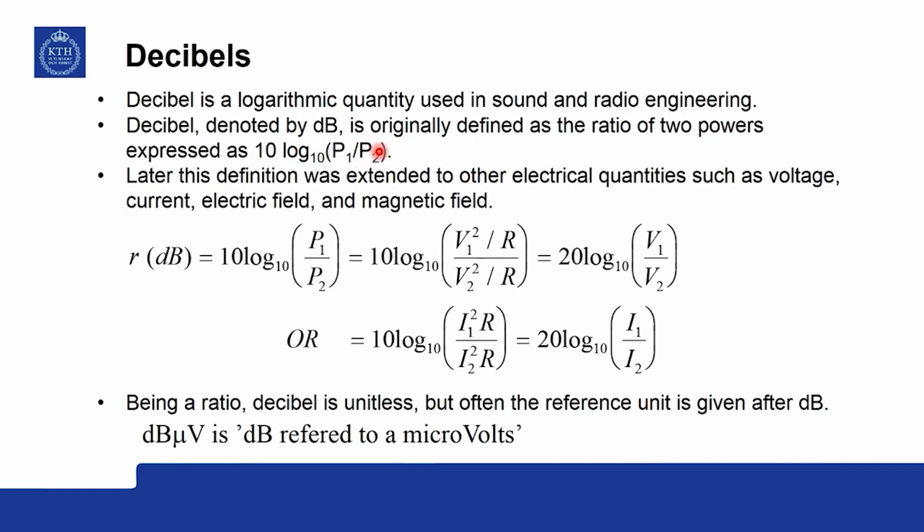Now, the reason for defining decibels is that often in EMC studies or electromagnetics, you deal with magnitudes that are several orders, 10 to the power of 8, 10 to the power of 10, like that. So, you can't express it on a linear scale, it is very difficult in a graph, whereas you can say 10 to the power of 10.